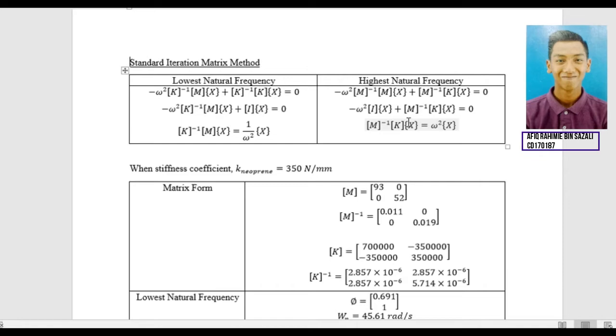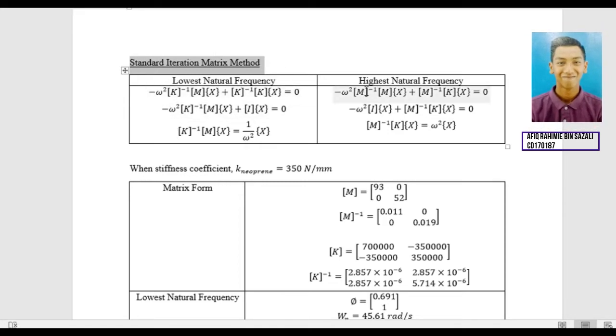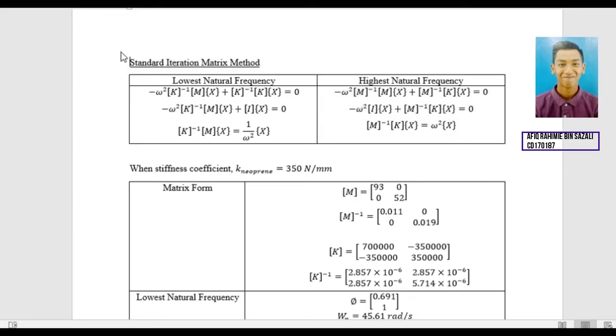From this case study, we use the standard iteration matrix method to calculate natural frequency by using two different formulas to find the lowest natural frequency and highest natural frequency. The formulas for the lowest and highest natural frequency are as shown.